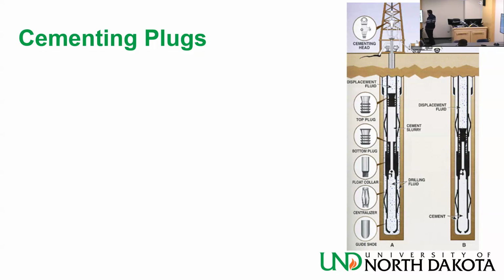It's going to cause damage. So there is some spacer fluid, which is basically a brine or just fresh water, in between them. We call it spacer. You don't see it in this picture. Displacement fluid is generally mud.